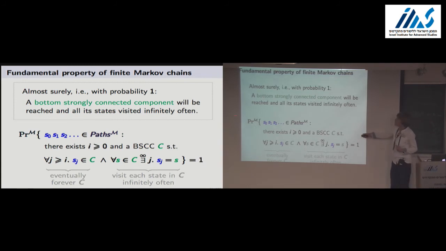So formally this means the probability measure of the infinite paths such that there is some position i and a bottom strongly connected component C, such that from position i on we will continuously stay in C, and for each state s in C we will infinitely often visit s. And this holds with probability 1.